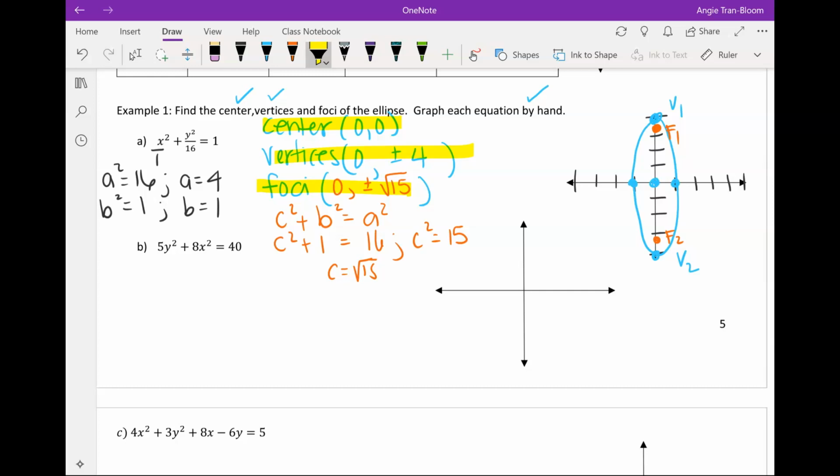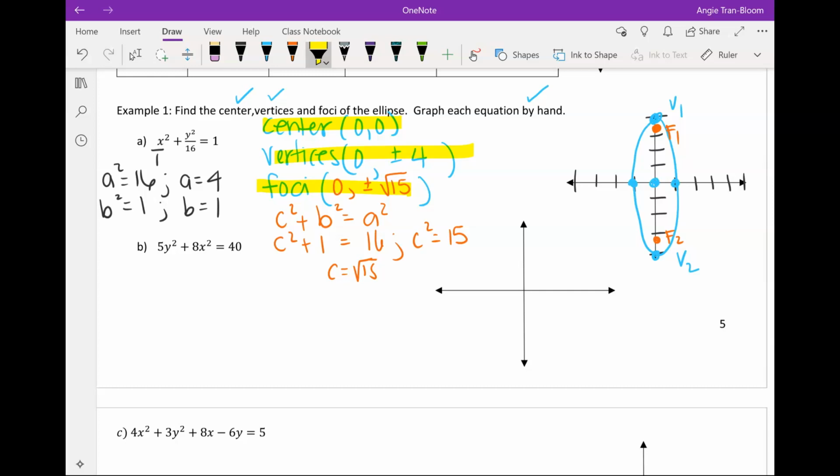All right. Example B. What would you do? Factor. Would you agree? Complete the square. Remember, in the ellipse equation, what must it equal to? 1.